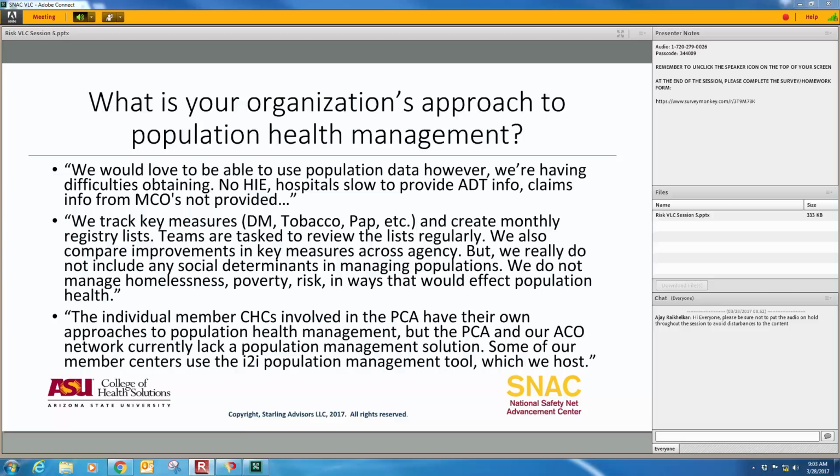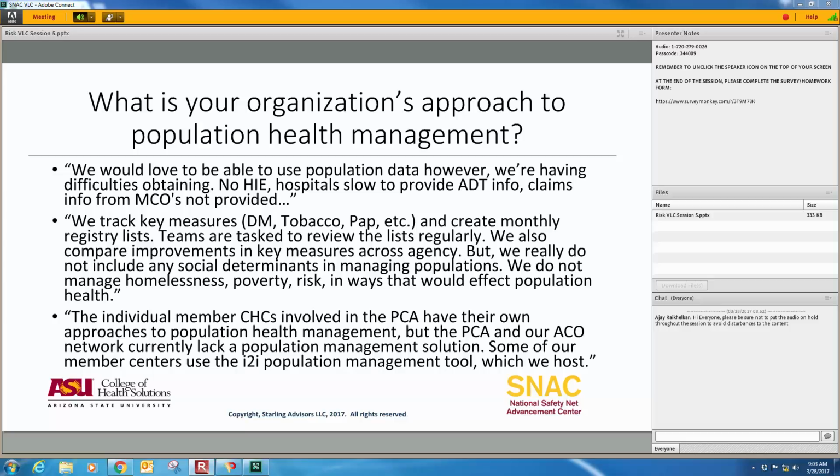But we know this is a challenging issue, and so I think we've got one respondent who pretty much indicated what we see a lot, which is that they'd love to be able to use that data, but it isn't always easy because our hospitals and the payers aren't necessarily forthcoming with some of the key data sets that would really inform that population health approach.